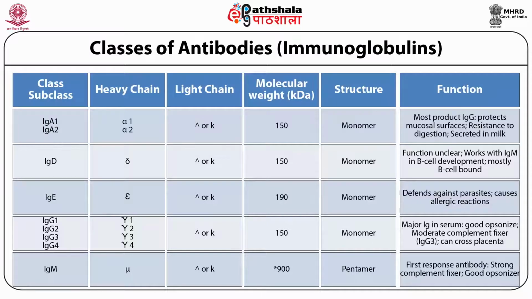Depending upon the biological properties of the various isotypes, you have different functions. IgG is mostly present in the synovial fluid and joints of the body, and it produces very high protective immunity to a given pathogen. It is also the only immunoglobulin that passes through the placenta.